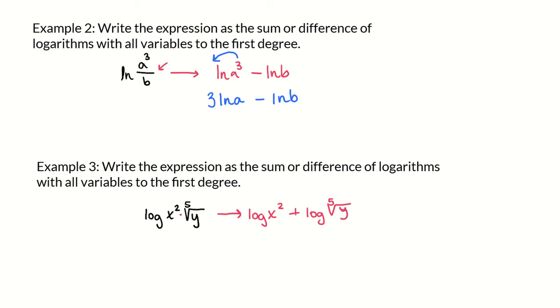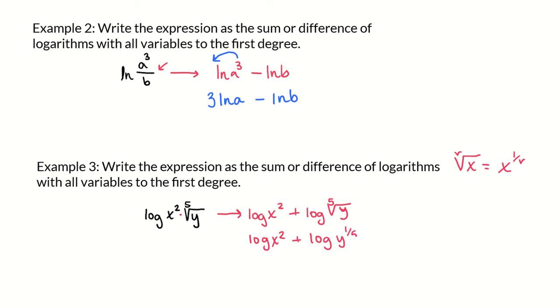And now we think about how to write 5th root of y with an exponent. So whenever we have a root, let's say we have the rth root of some variable x, that is x to the 1 over r, written as an exponent. So 5th root of y we could write as y to the 1/5. So let's then write this as log of x squared plus log of y to the 1/5.